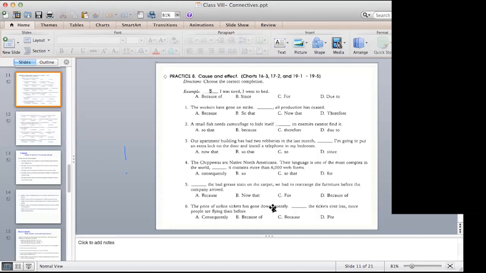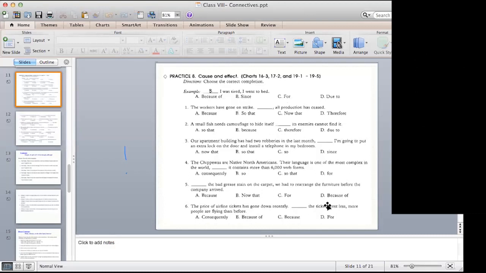So we have because here. Because the tickets cost less, more people are flying than before. So now what we check is just the second sentence. We don't care about the first one. We just care about the first clause and the second clause. Because the tickets cost less, more people are flying than before. Okay? I hope it's clear.